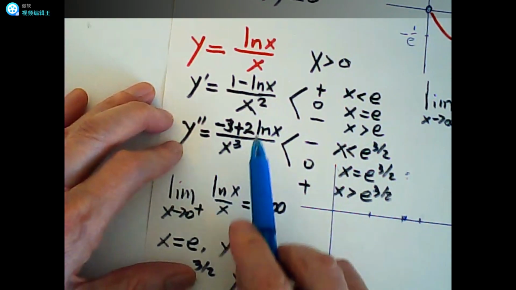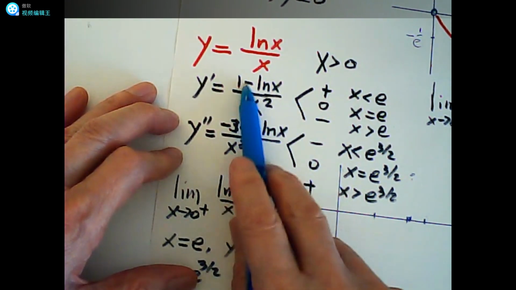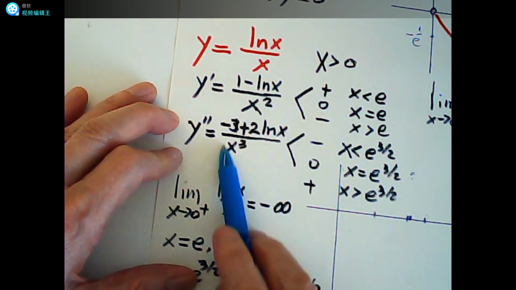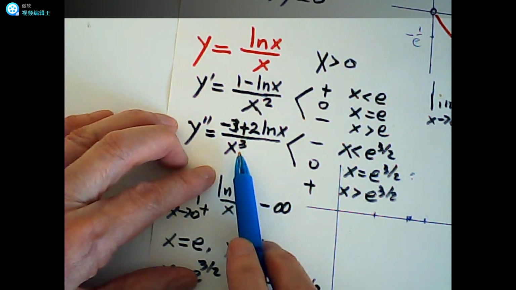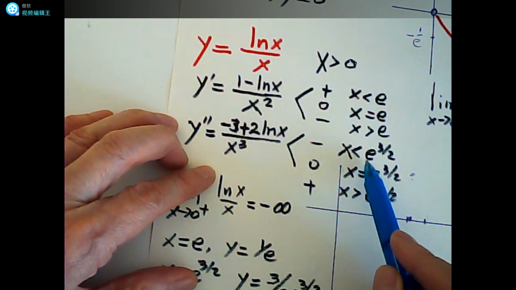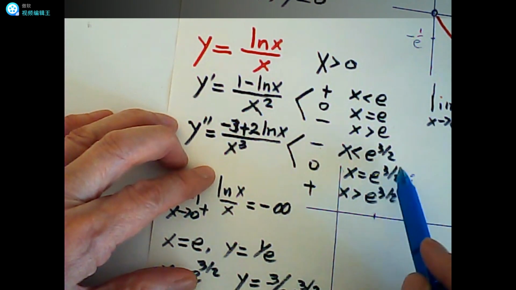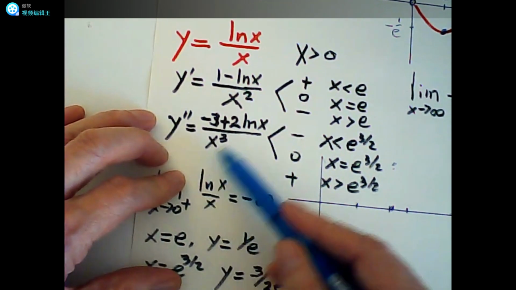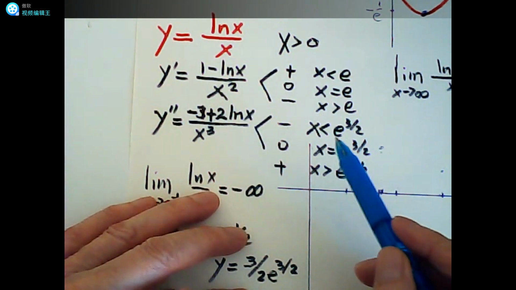In the second derivative, we take the derivative of this function again, then we simplify. After that, we get this one. This will be negative when x is less than e to the power 3/2. A little algebra there, you can verify by yourself.